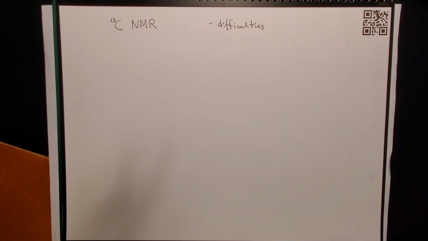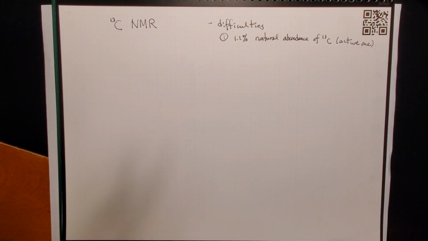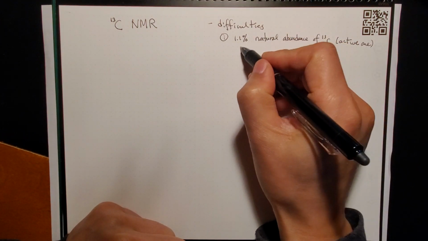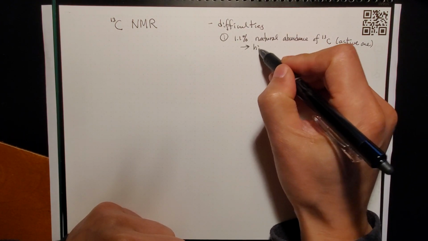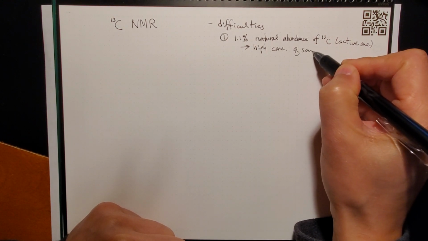Like I said when opening the discussion, carbon-13 faces some challenges. Number one, like I said, only 1% of the natural abundance is the active one, carbon-13. Therefore, you need a relatively high concentration of sample.